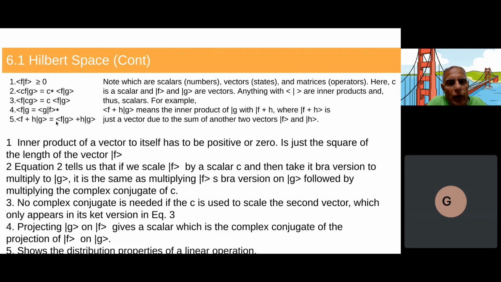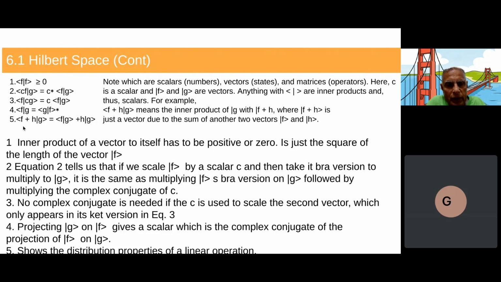Now, if I reverse F and G in this case, here the greater than symbol is missing in the bra. I'll correct that. But you can say ket F, bra F, ket G is equal to, if you invert it, then it will be G F, and then you have to do a complex conjugate of it.